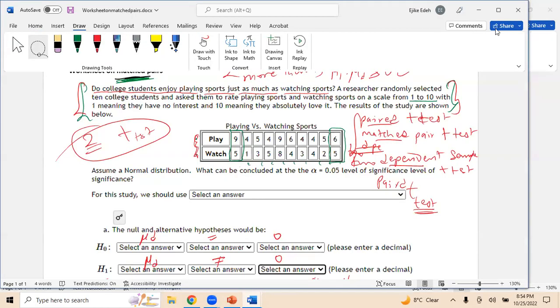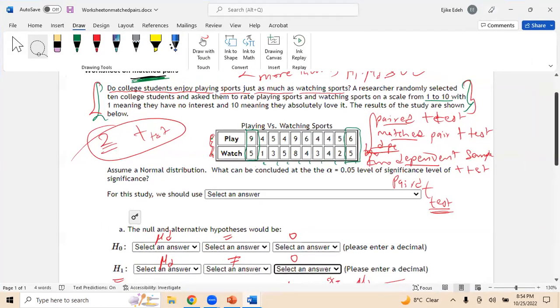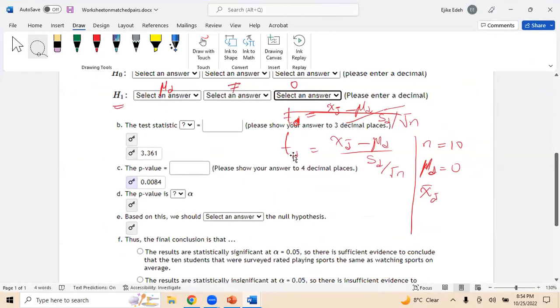Just a moment. Let's maximize this so that doesn't happen again. Okay, so I'm trying to clean this up so I can write with the consistent notation I've been using. So, to pick up: what we're looking for to be able to calculate the test statistic for this paired sample is the mean of the difference.